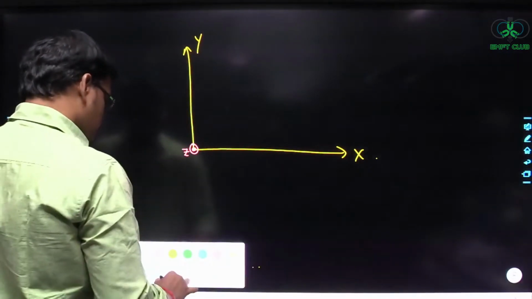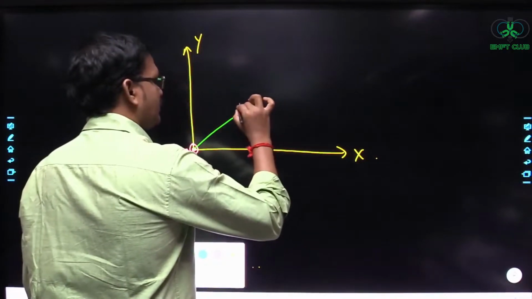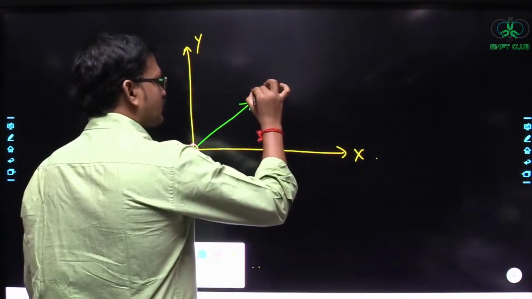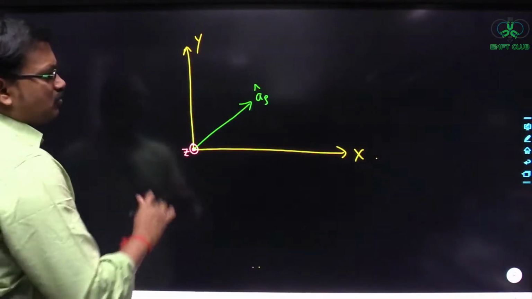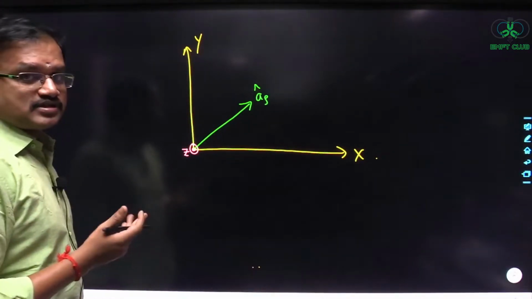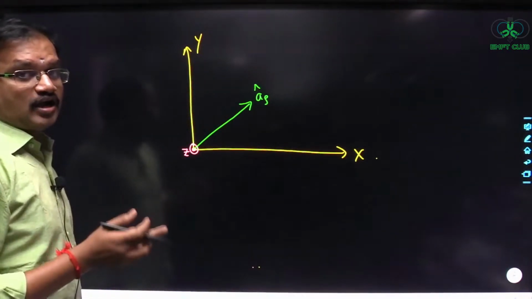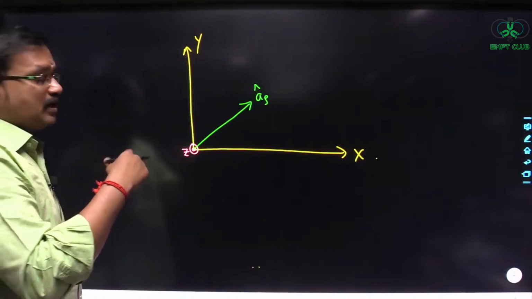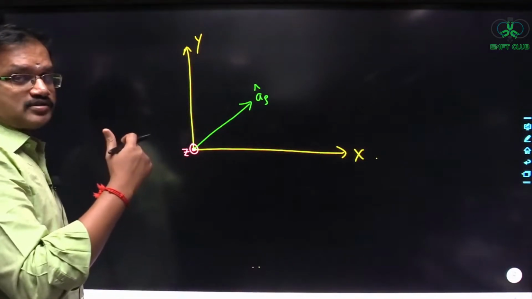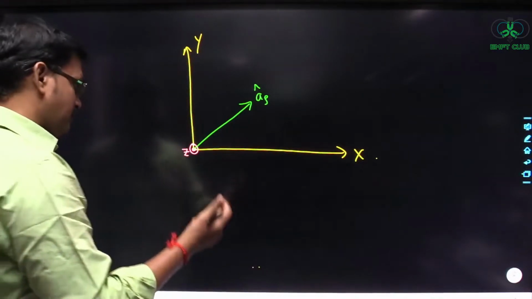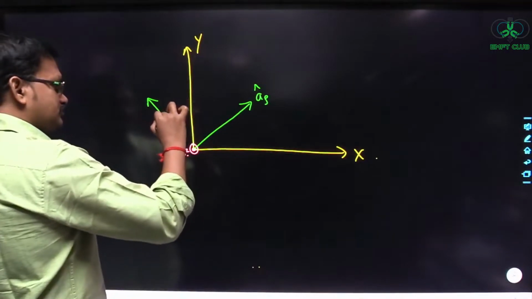Okay, fine. So now I am considering aero cap here. Let us consider aero cap, right? Now I have to draw A5 cap such that the angle between aero cap and A5 cap must be 90 degrees, and if you do aero cap cross A5 cap, it has to point in the positive z direction. Understood? Aero cap cross A5 cap must be equal to AZ cap. So I can draw A5 cap like this.